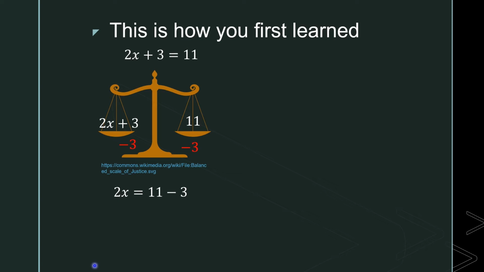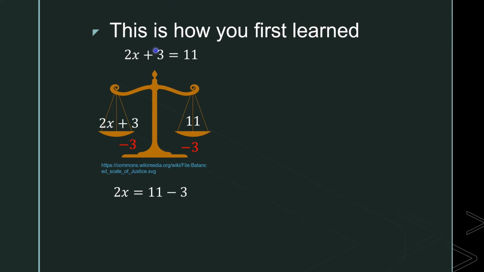Now take a moment and look at the equation at the top and the equation at the bottom, the new equation. So the first equation versus this equation. What do you see? I see 3 on the left-hand side moved to the right-hand side.